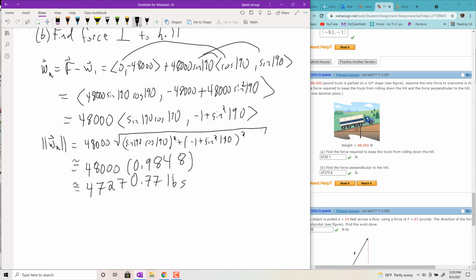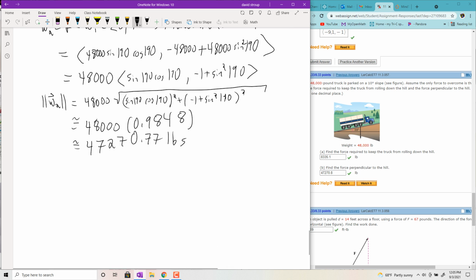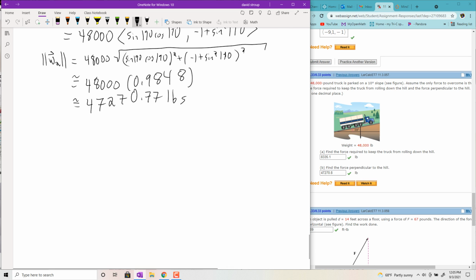Okay, so there's that. The last thing we have to worry about is work, because we will be evaluating work later on in vector calculus with integrals. Work is pretty easy if the force is in the same direction.